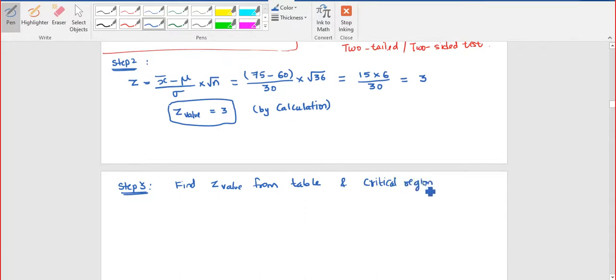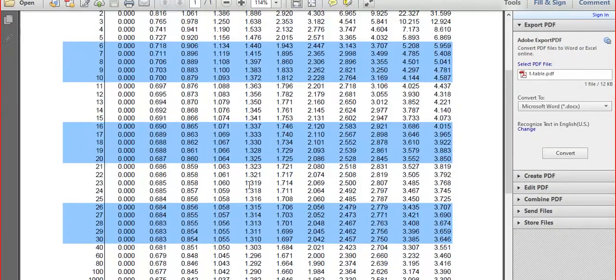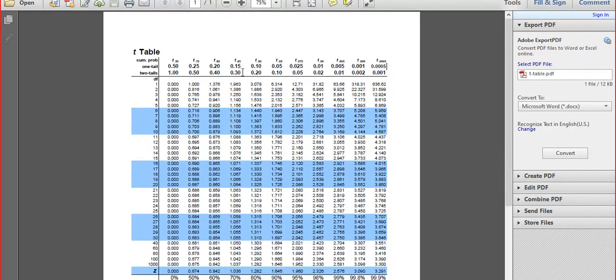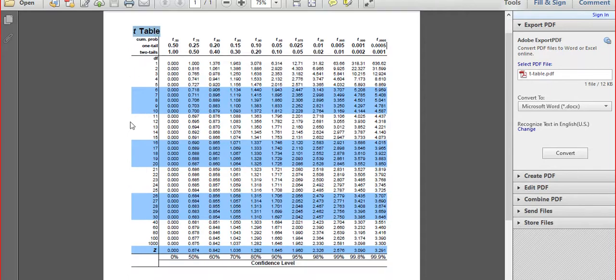The table that I am going to show you now can be used for both the t-test and the z-test. It is named the t-table, but you can see that it also has the z values at the bottom. This row represents the z values.